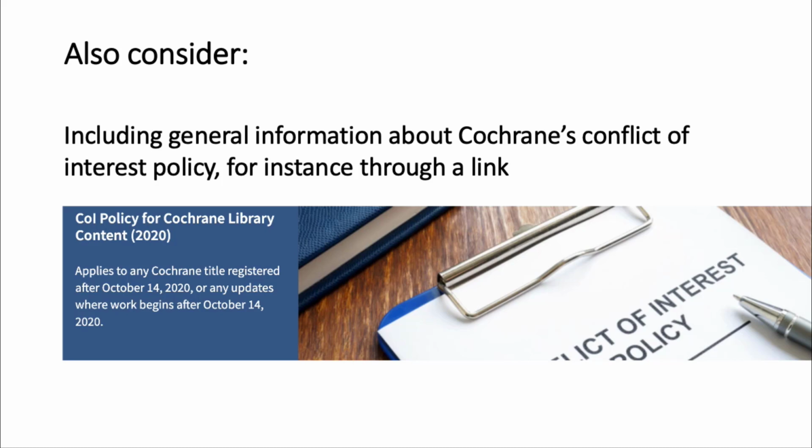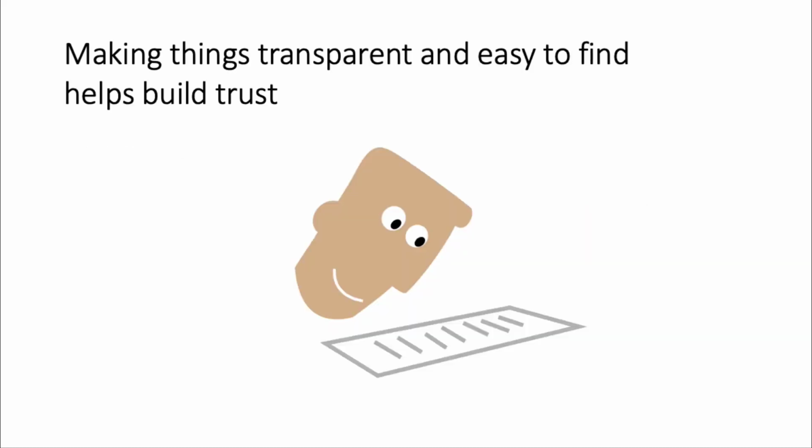When it comes to information about funding or conflict of interest, not all people want this level of detail. And it might also depend on the review you're reporting on, whether you anticipate controversy around these issues. In any case, this kind of information should be easy to find for those who do want it. Making information easily accessible is an important part of building trust.